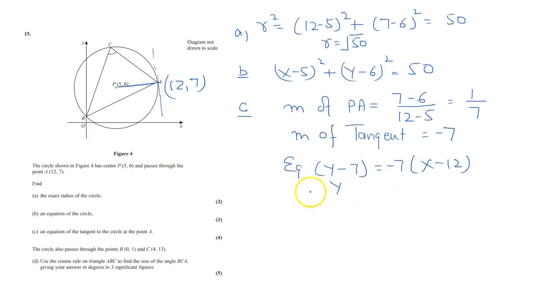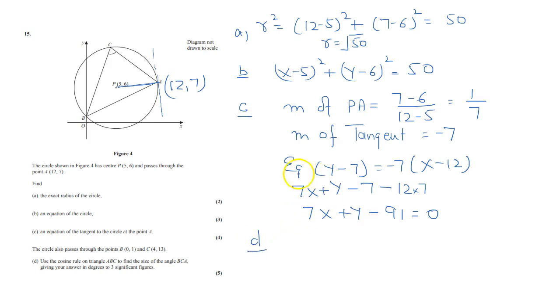So y plus 7x minus 7, and plus 12 multiplied by 7. This is minus minus plus, so this is also negative. So the equation is 7x plus y minus 91 is equal to 0.